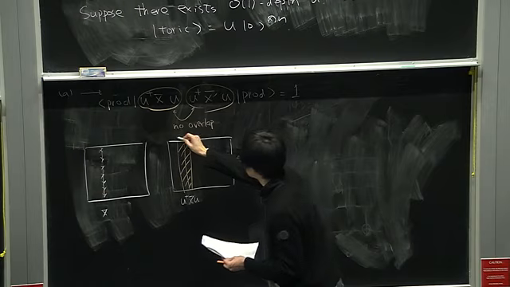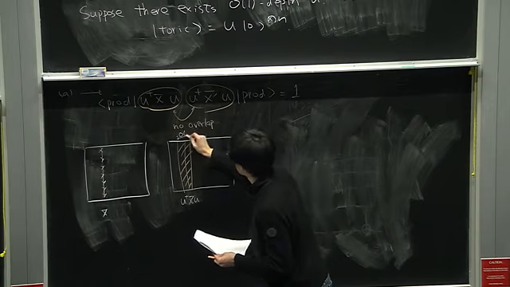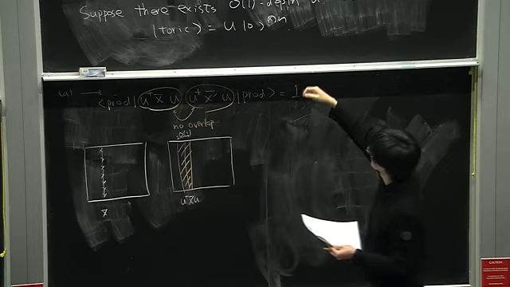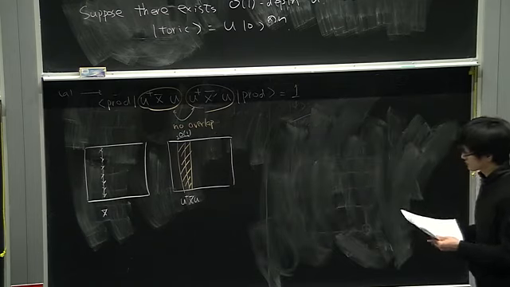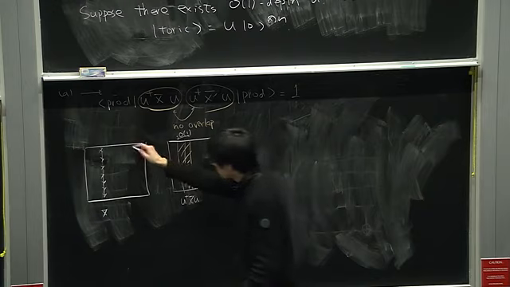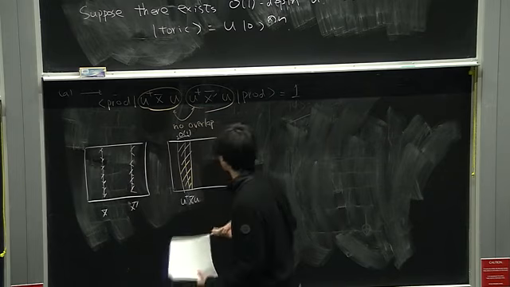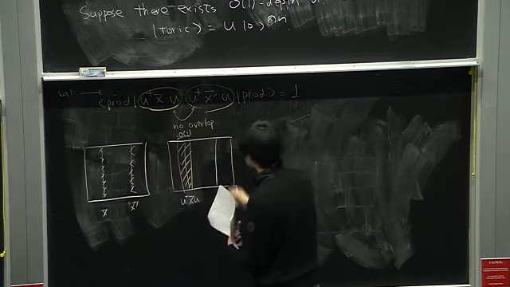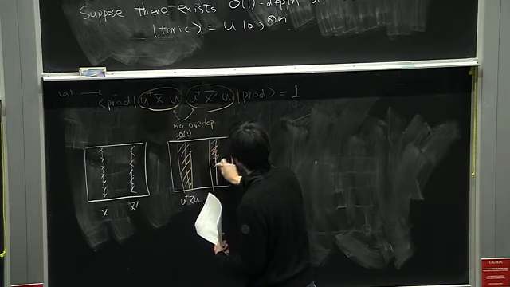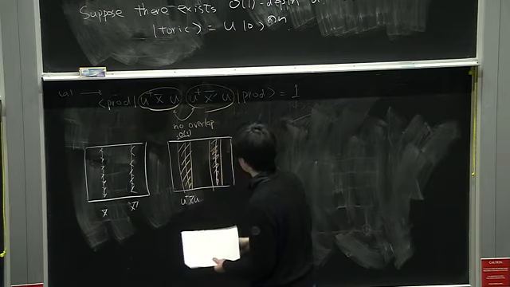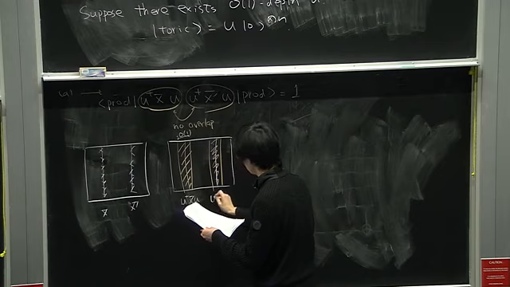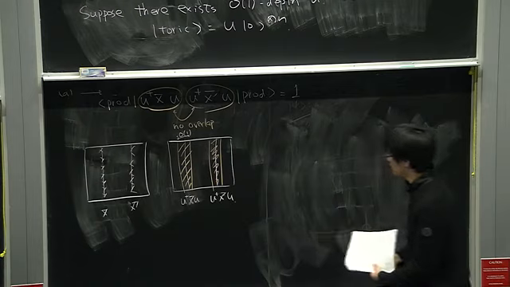This means that this width will be order 1. Order 1 means that it's just the order of depth. Then you can do the same argument for x prime. And it's living here. So they don't overlap with each other.